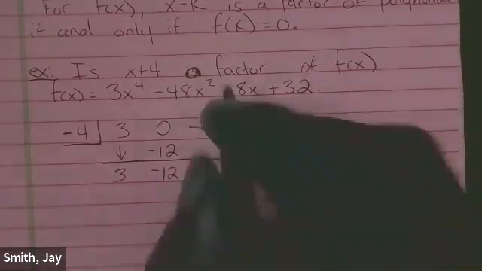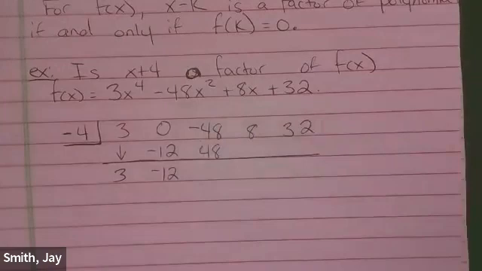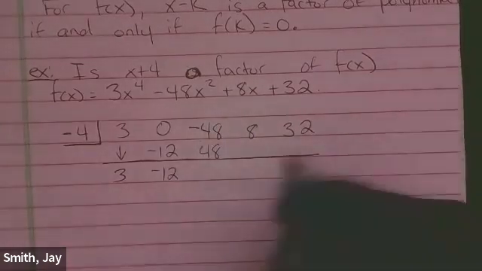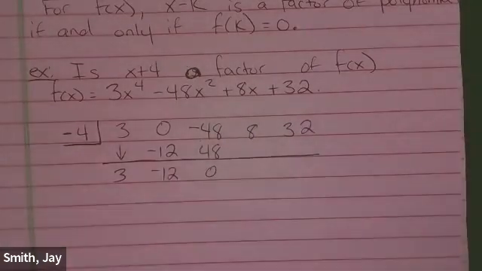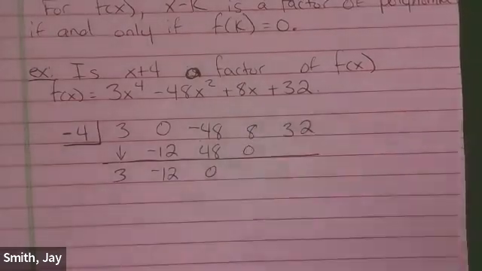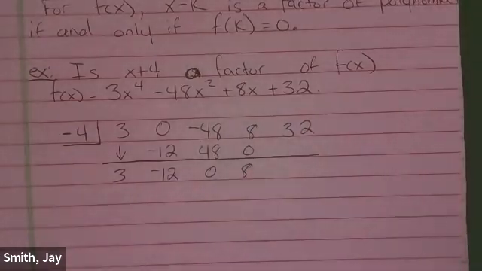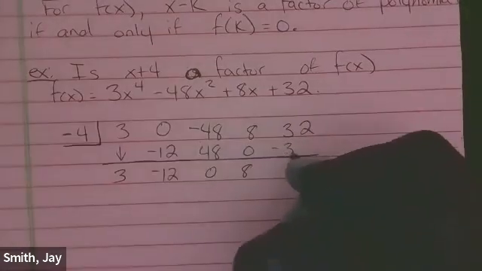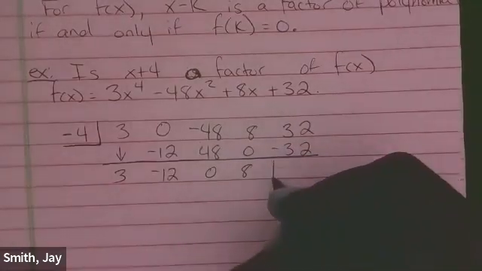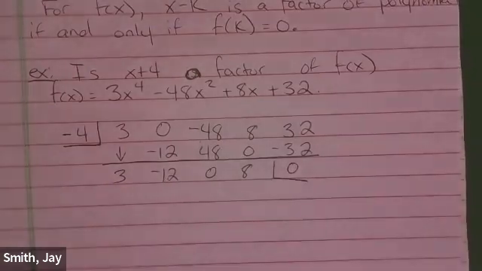Negative 12 times negative 4 will give me a positive 48. Negative 48 plus 48 will give me 0. 0 times negative 4 will give me 0. 8 plus 0 will give me 8. 8 times negative 4 will give me negative 32. And positive 32 plus a negative 32 will give me a remainder of 0.